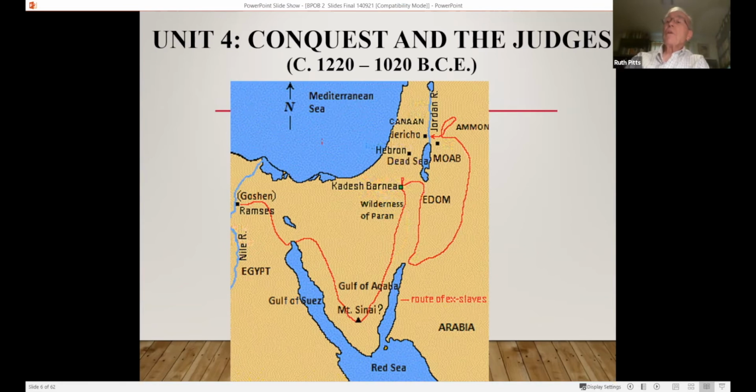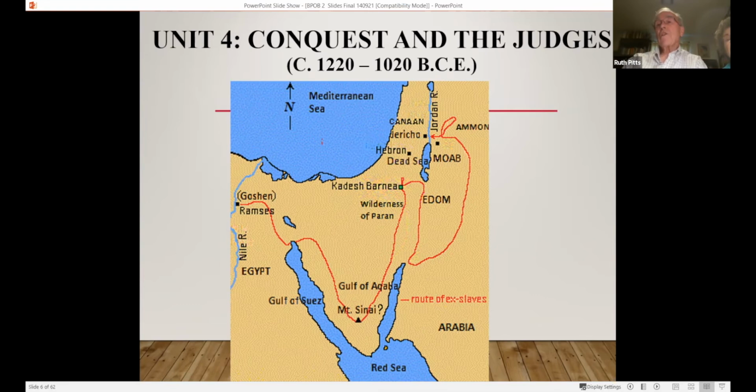The Jordan River, and then the Sea of Galilee just above it. Now, notice the red marker for the route for the way these people went in. They tried to go in straight from the south and found too much opposition. So they wandered over toward Edom, and they wanted to go through Edom, but the Edomites wouldn't let them come in.